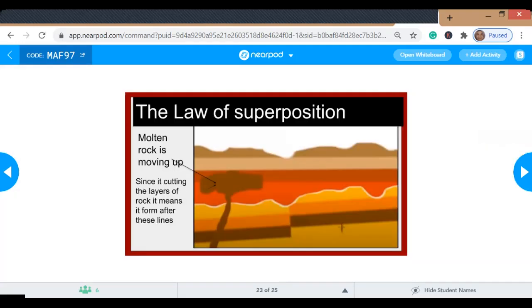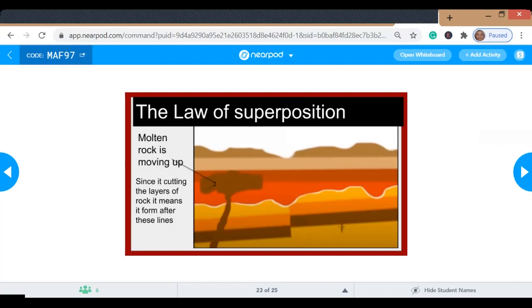Now you can see here again after these layers there is a molten rock, and the molten rock is moving upward. Since it is cutting the layer of the rock, it means it formed after these layers. If geologists observe these layers, they can get an idea that this is the oldest one.